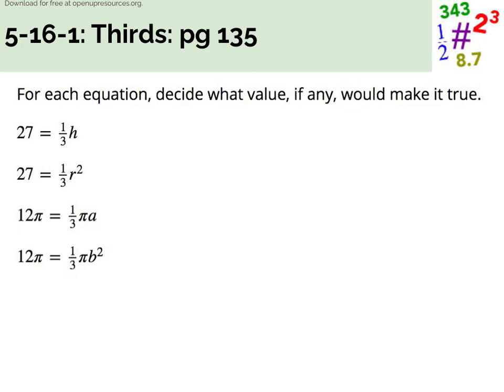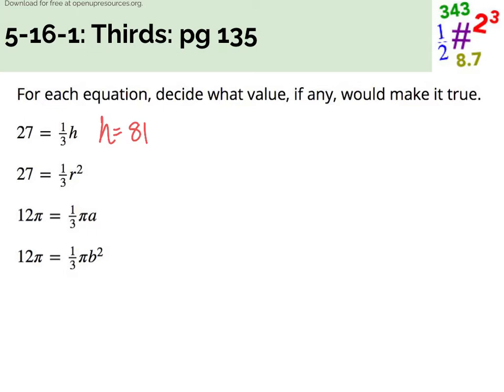So I need a number, and I can multiply it by 1/3, or I can divide it by 3. That's going to equal 27. So for H, that first one, I can say that that number is 81. If I do 81 divided by 3, I get 27.